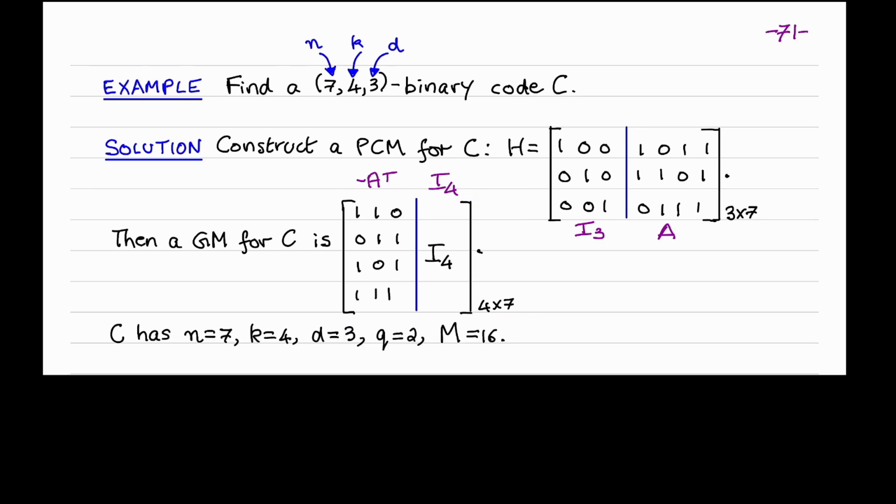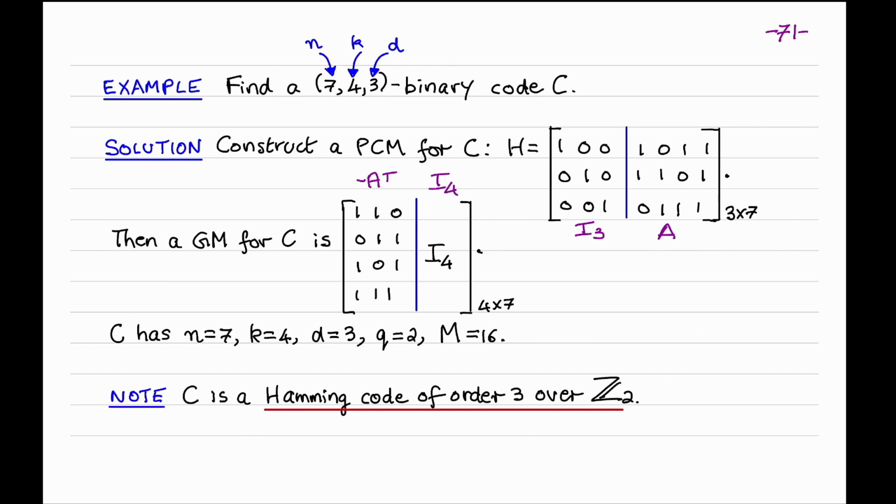To summarize, C is a code of length 7, dimension 4, distance 3, so it's a single error correcting code. It's a binary code, and C has 16 code words. A nice feature of this example is that we were able to determine the distance of the code without explicitly listing all the 16 code words.